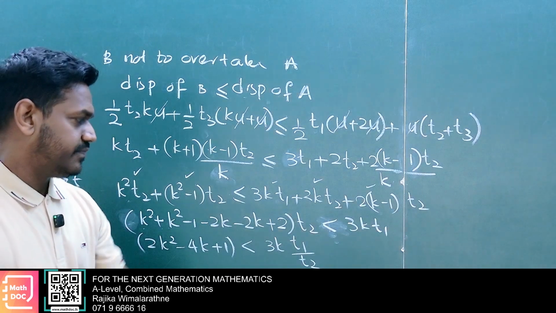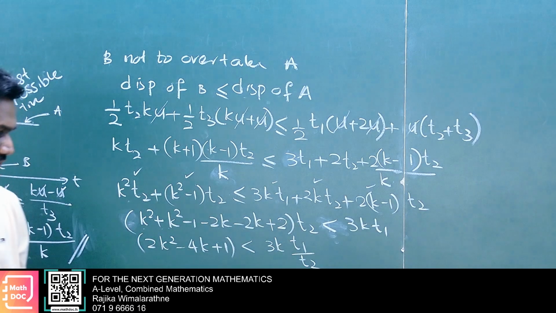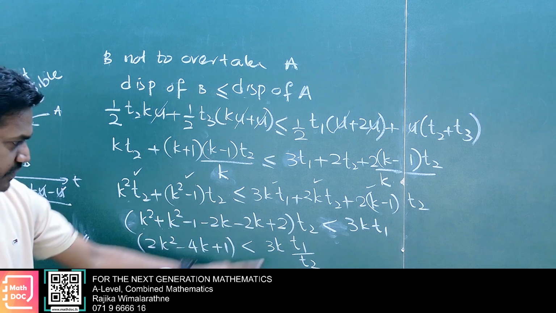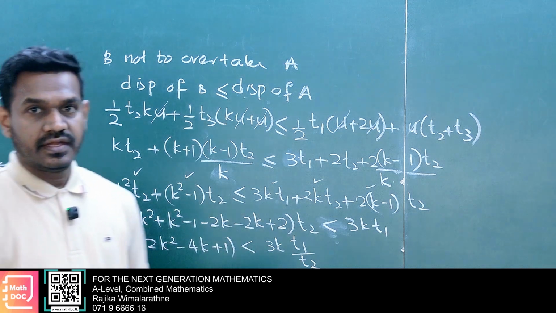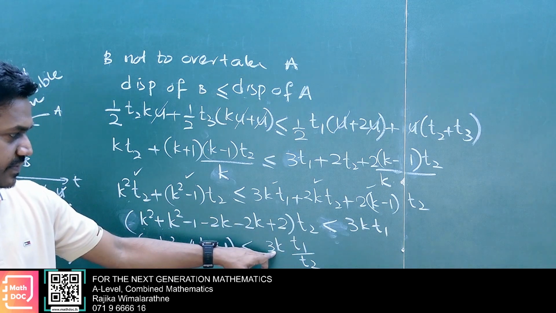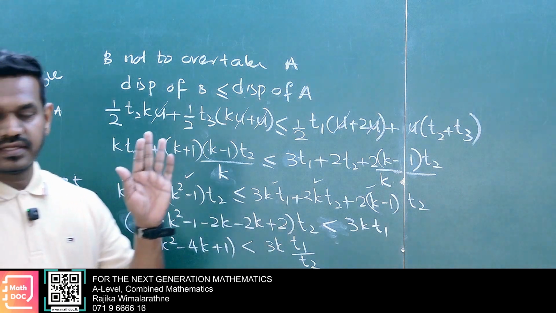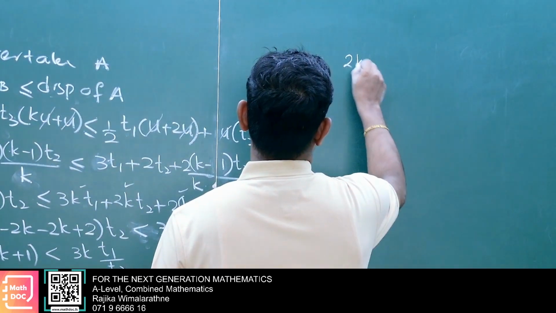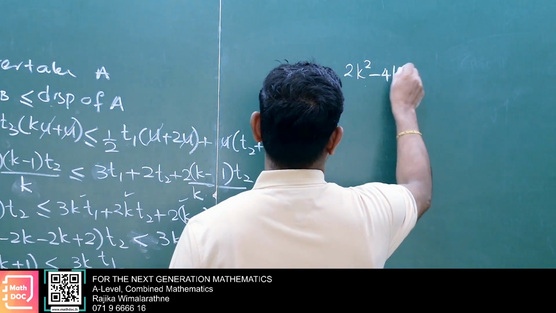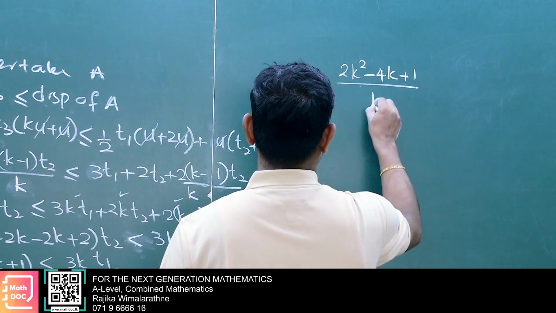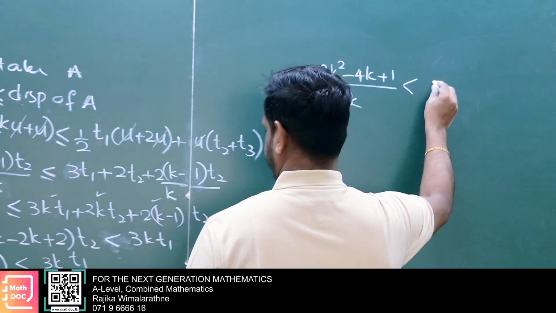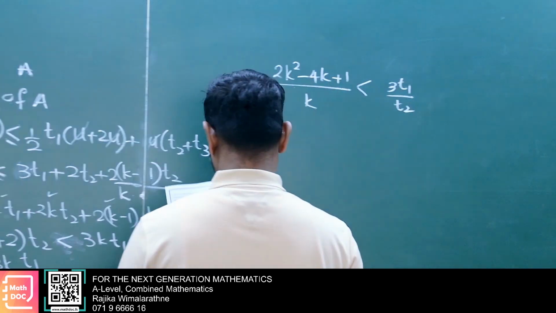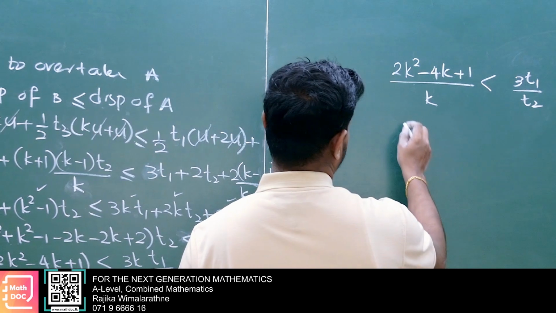Divide by T2 now. Now we have reached 3T1 over T2. Again you divide by K. Then 2K square minus 4K plus 1 over K, 3T1 over T2.